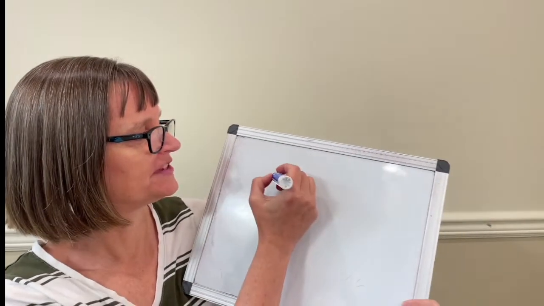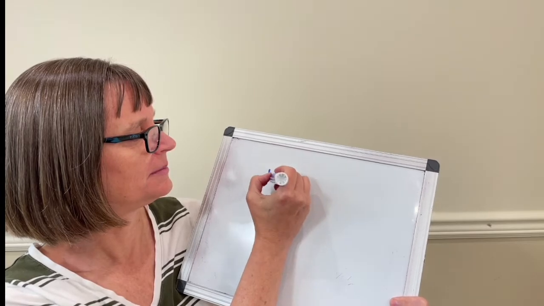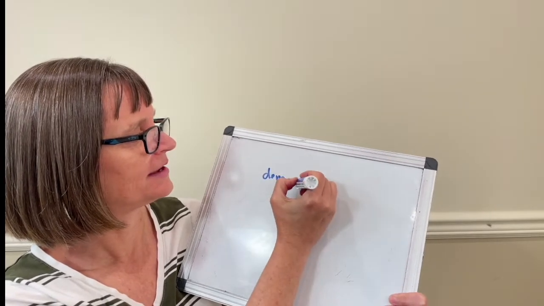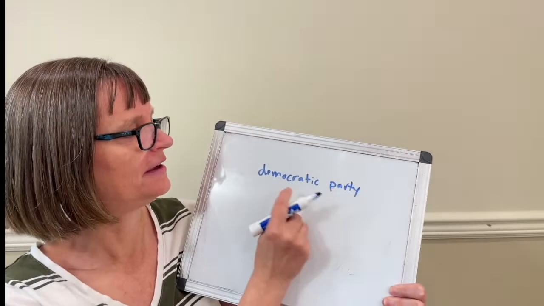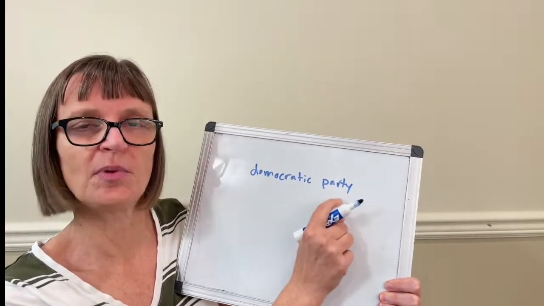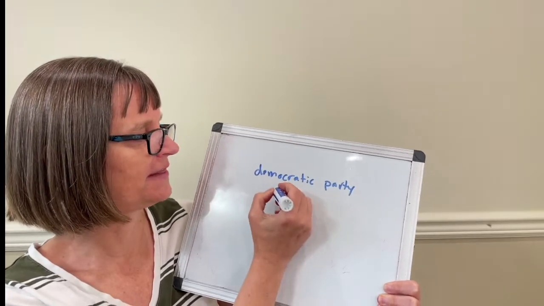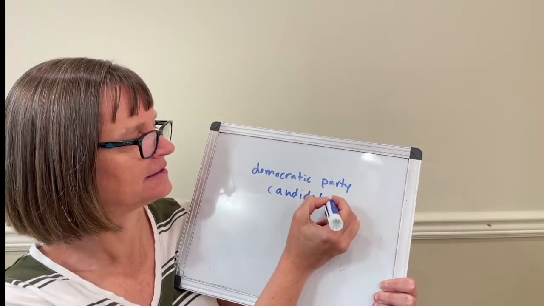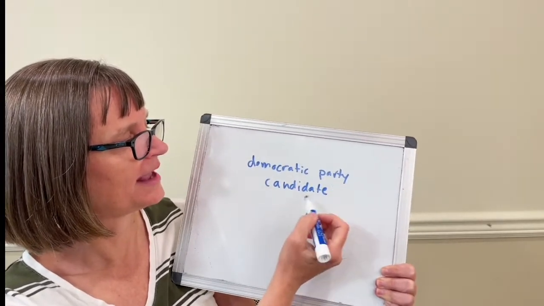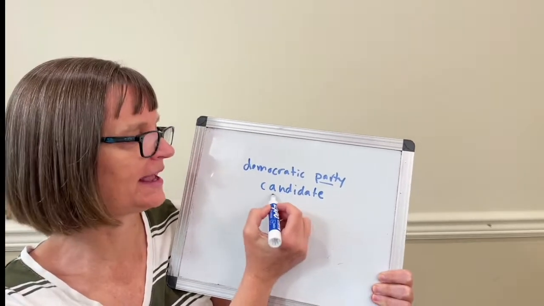Let's say another example, the Democratic Party. If I just have the Democratic Party, party is going to be stressed, and this is going to be an adjective. If I'm saying the Democratic Party candidate, I'm going to have some stress on party and on candidate.